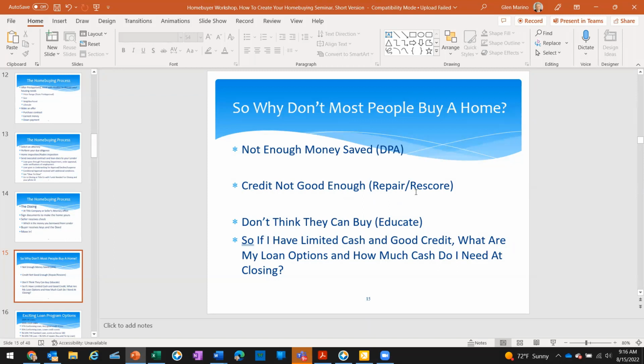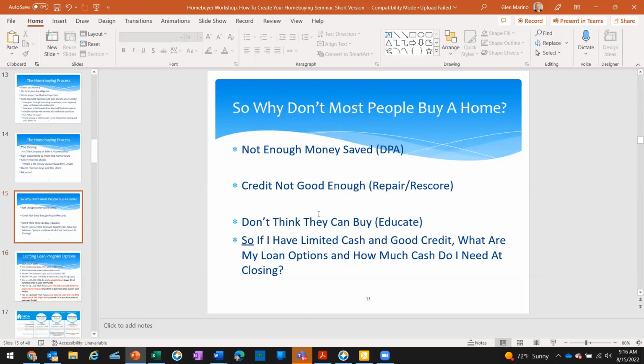We can get them up to where they need to be within 30 to 60 days. And some people just don't think they can buy, which again comes through education. That comes through the realtor, through the loan officers, putting out webinars to educate people, letting them know that it's not that far off in the distant future that you can become a homeowner.